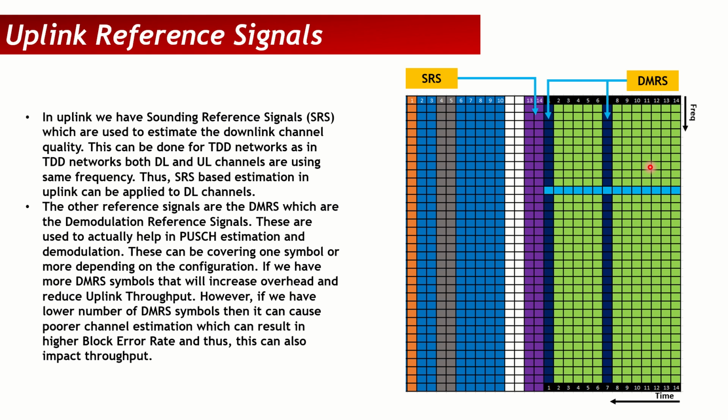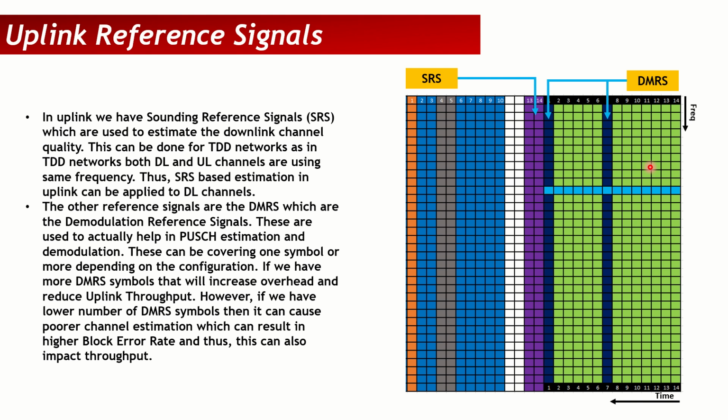But having said that, if you reduce the DMRS and the UEs are in medium or bad radio conditions, or the radio conditions are fluctuating, say the UE is moving, then there will be a high block error rate. The gNodeB might not be able to decode the PUSCH, because the DMRS are required to estimate the channels properly, and if you don't have enough DMRS, the gNodeB might not be able to decode the PUSCH successfully.